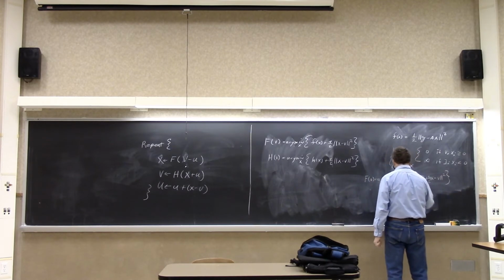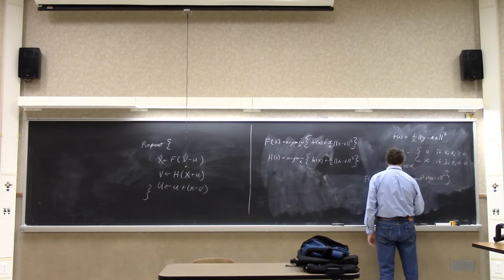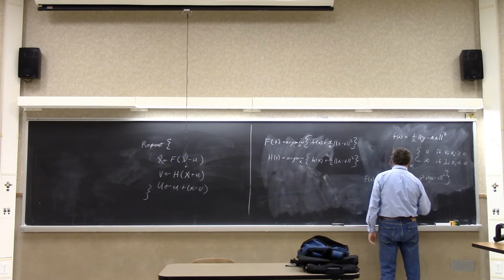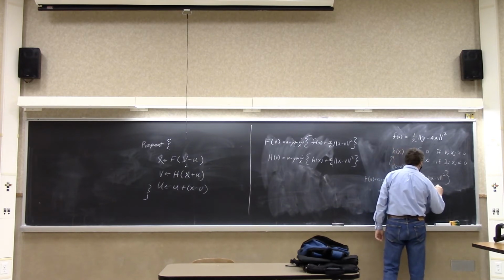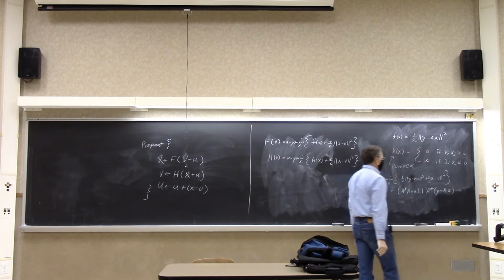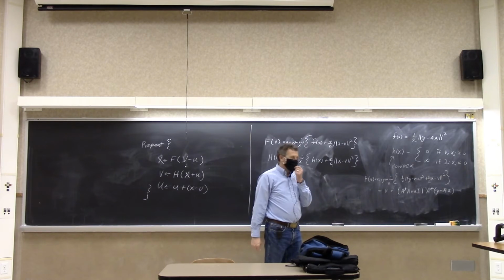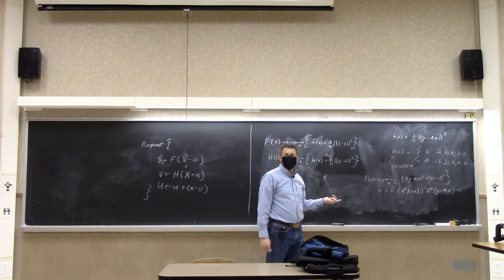Hold on. Okay, I'll let you do the computation, but I claim that this is the answer. Write that down. That's the answer, I'm pretty sure. You can double check it.